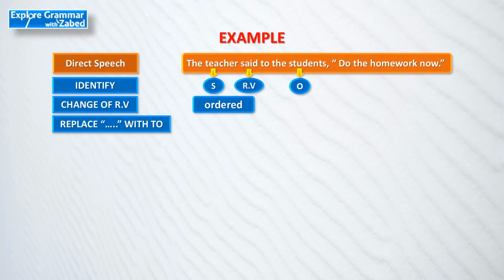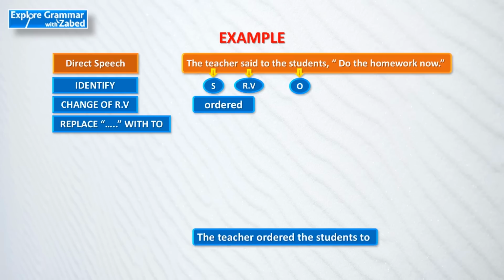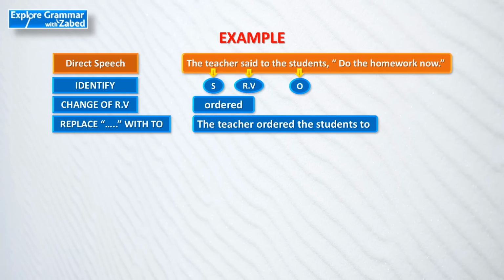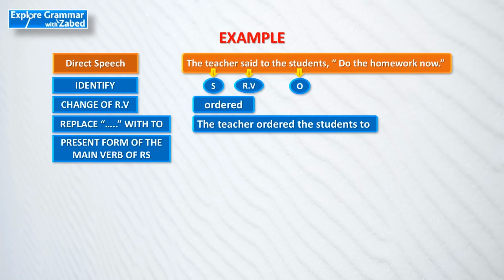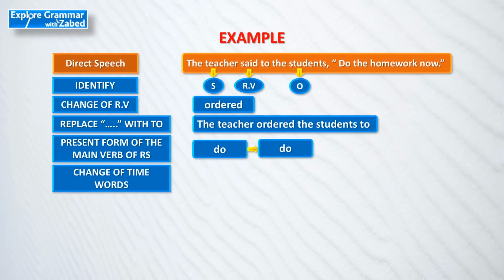So, the sentence will become like this. The teacher ordered the students to. Step 4 is to use the verb of the reported speech in present form. Here, verb given do, so in direct speech it will be same. Step 5 is to change of words denoting time and place.